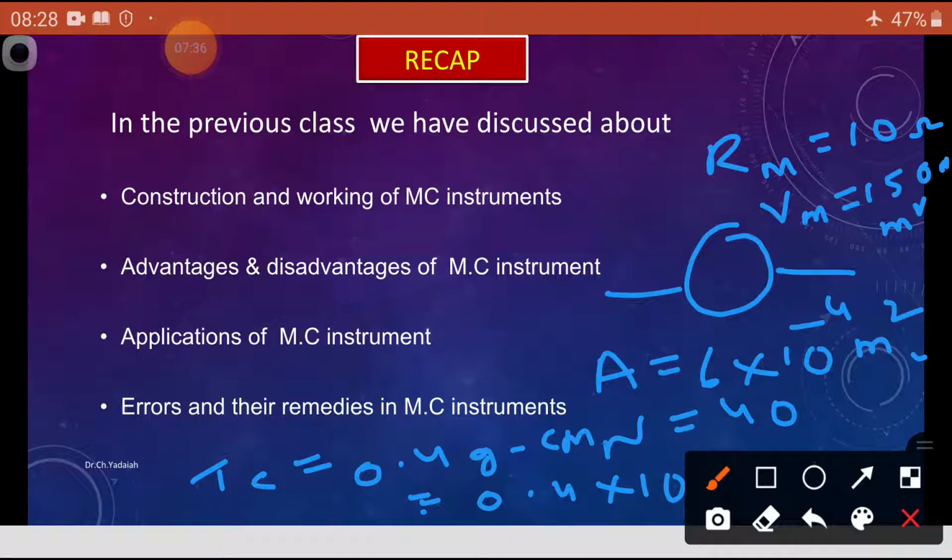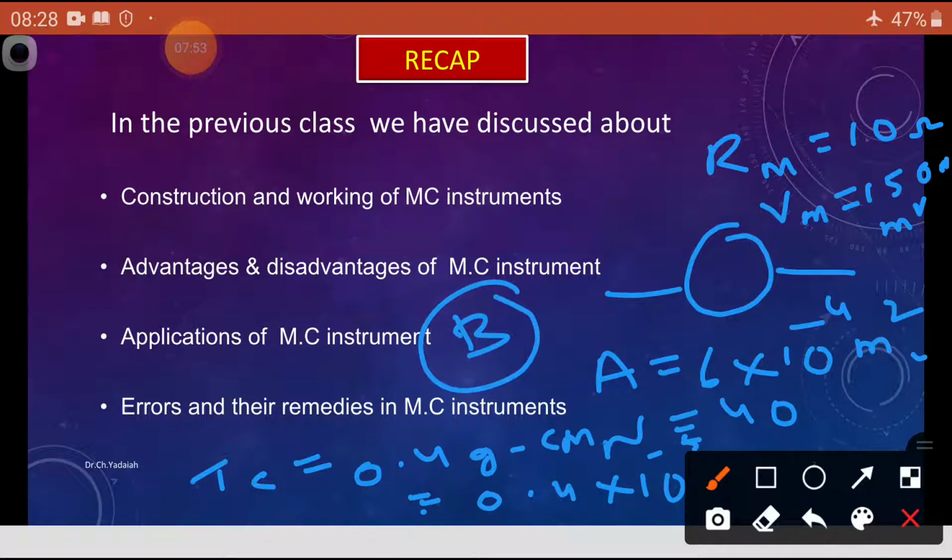Now what is asked? At full scale deflection, calculate the flux density in the gap. He is asking for the B value.